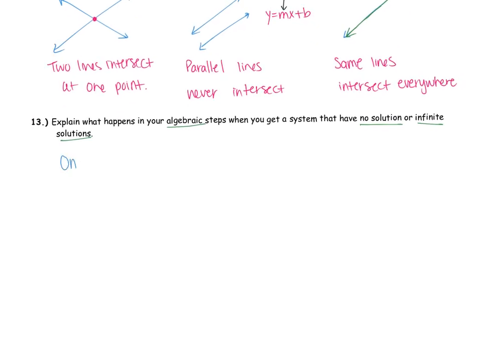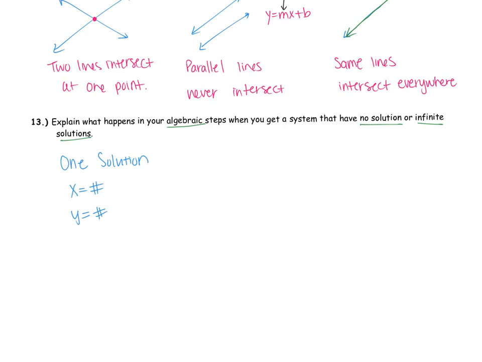When you have one solution, that's where you actually find an x value. So x is some number and y is also found. So y is some number that you find. And that's when you can write it as a coordinate. And that is one solution.